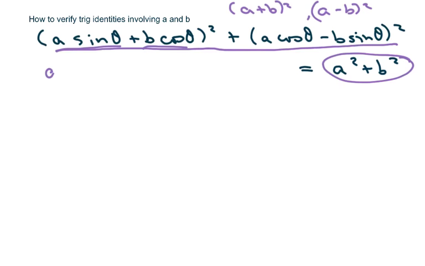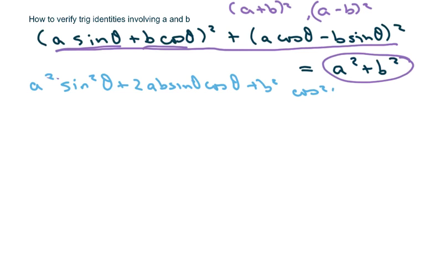So you're going to get A squared sine squared of theta. I should move this down a little, so let me write it down a little bit. So A squared sine squared of theta plus 2AB sine theta cosine of theta plus B squared cosine squared of theta. That was this part.